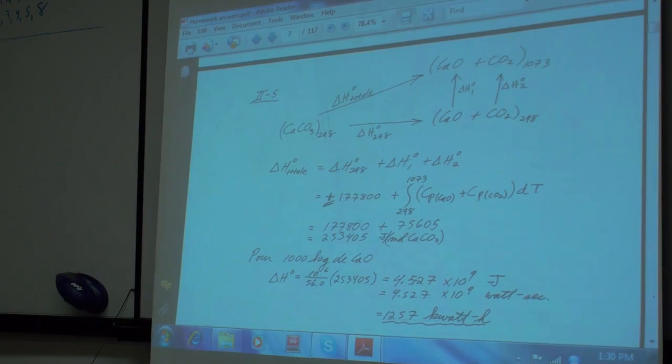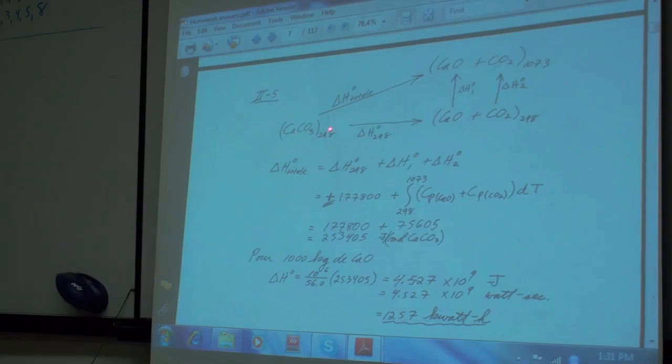Remember, delta H is the energy exchange with the surroundings. Now I'm saying there's no losses by heat, no losses by convection, no exchange with the surroundings. We assume that the furnace doesn't lose much heat. In principle, actually it does, so the delta H will be slightly negative, but in this ideal adiabatic reaction, the total delta H for the reaction is 0, going from the initial to the final state.